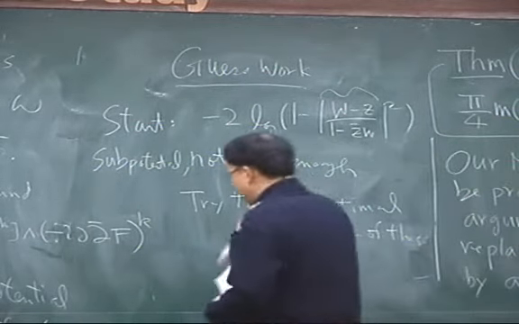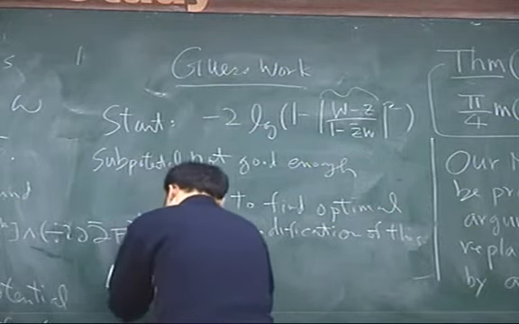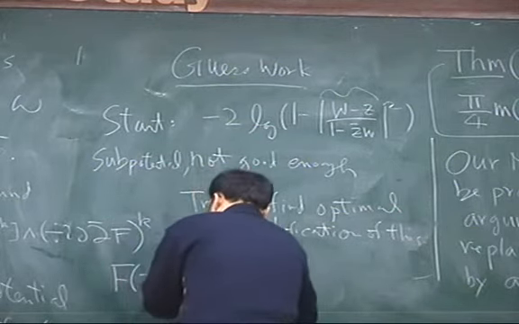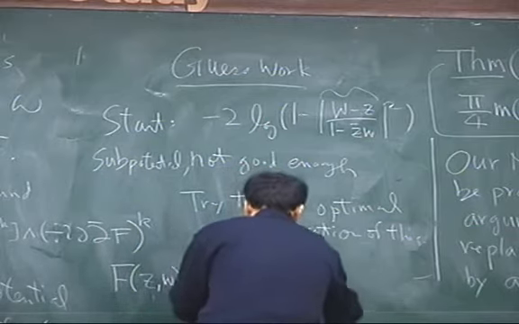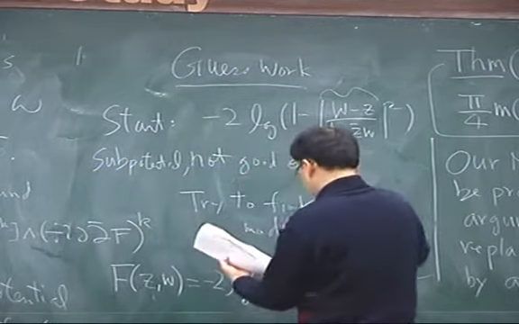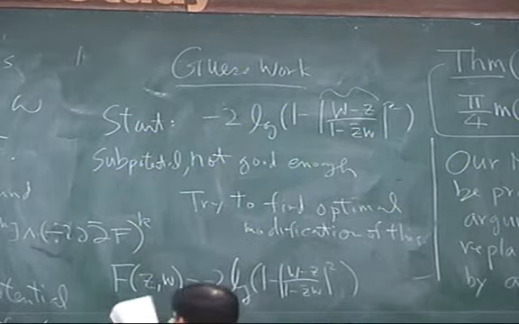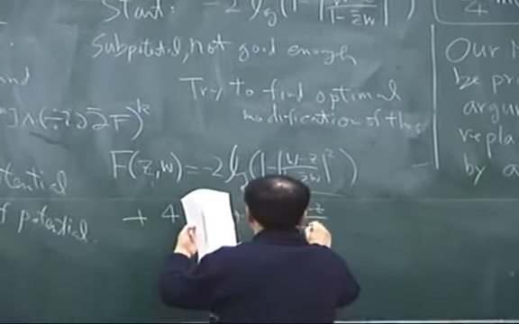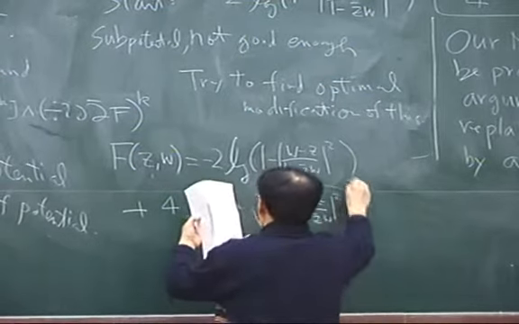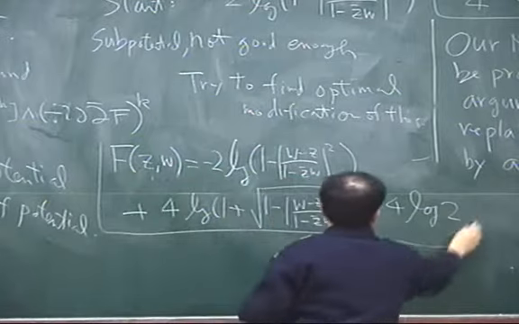The optimal subpotential turns out to be the following. So this part is quite the same, maybe it was 1, but doesn't matter. And there's some other terms. So this is the function we want.